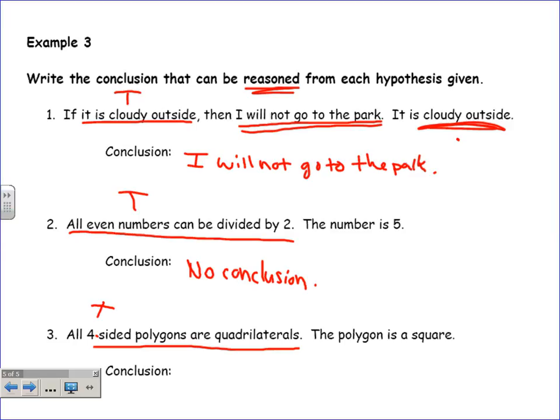We know that a square is a four-sided polygon. We know that a square is a quadrilateral. But what we'd have to say is polygon has 4 sides in order to conclude something. So again, in this one, no conclusion can really be drawn because we don't know if the first part is true or false. No conclusion.